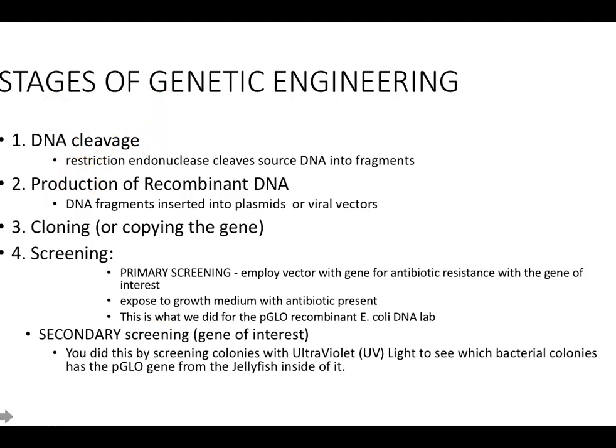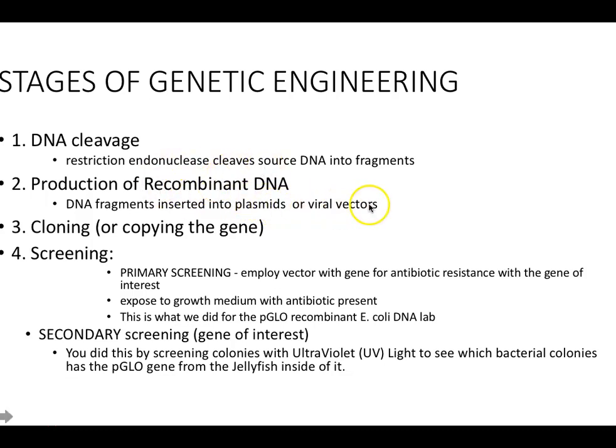Under DNA cleavage, you cleave with a restriction endonuclease, and it's going to recognize a sequence and cut it into fragments. Stage 2, production of recombinant DNA. In this one, you're going to put that DNA fragment of foreign origin, like Humulin, human insulin, inserted into the plasmid.